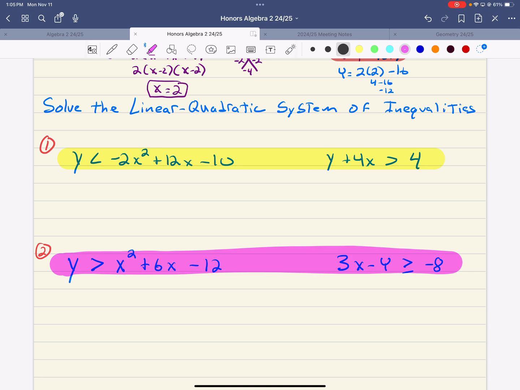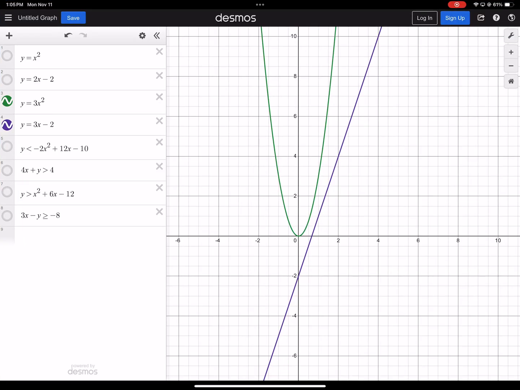Since we only have 2 inequalities, it's where they're going to be double shaded. So again, the nice thing about Desmos is you can put it in Desmos just like that. This is your first inequality. There's your second inequality. We put them into Desmos.